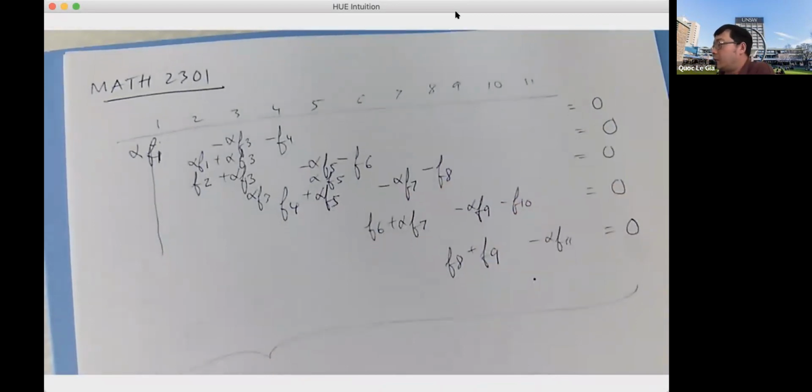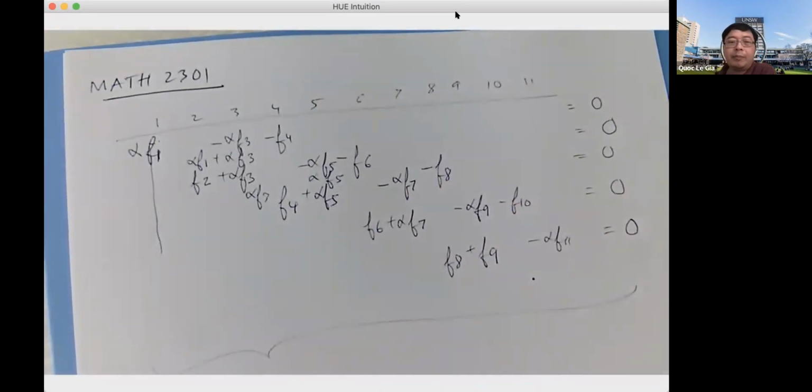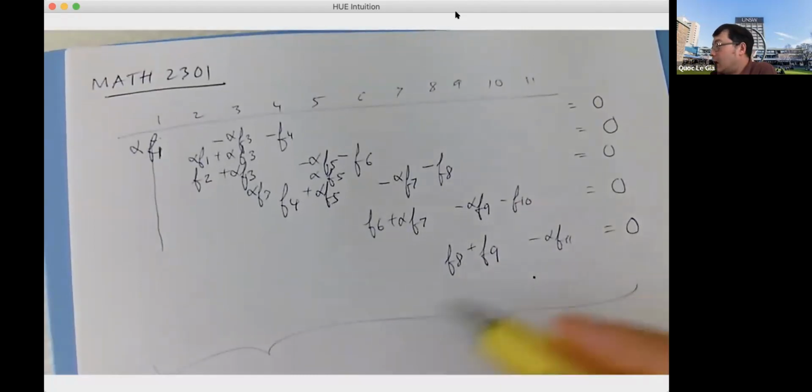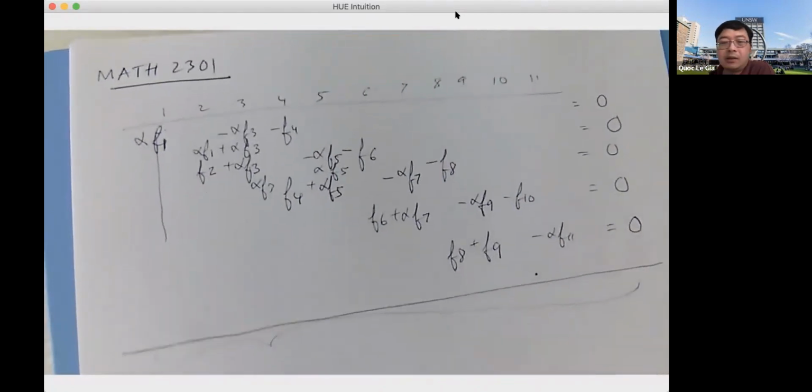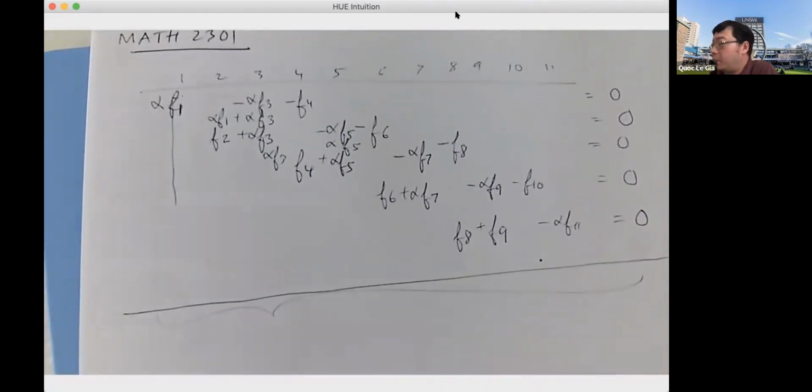Maybe it's a bit crowded, but you see the process. Sorry about the dense notation, but let me write it down again.